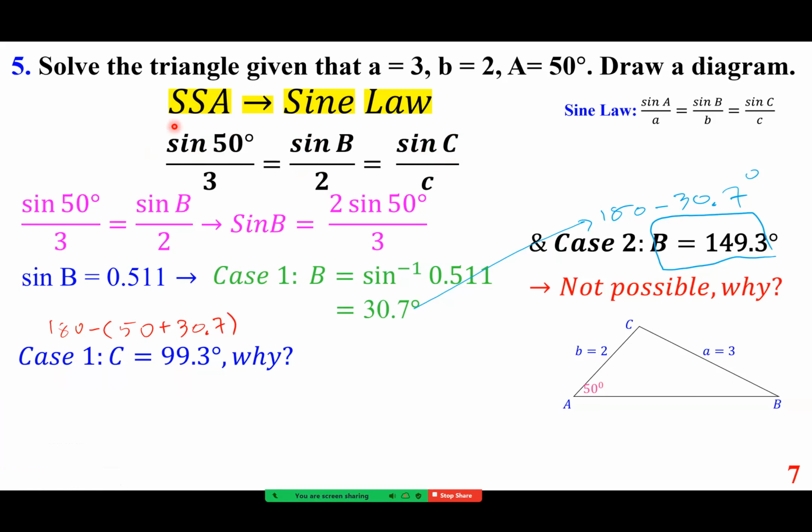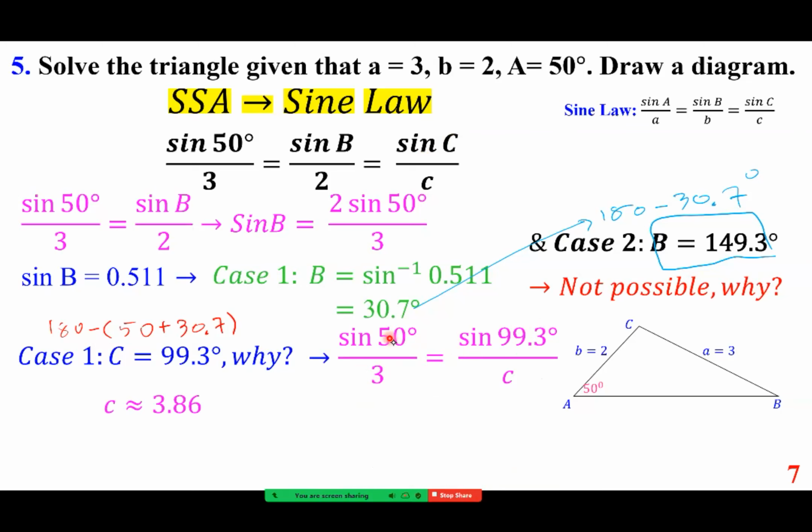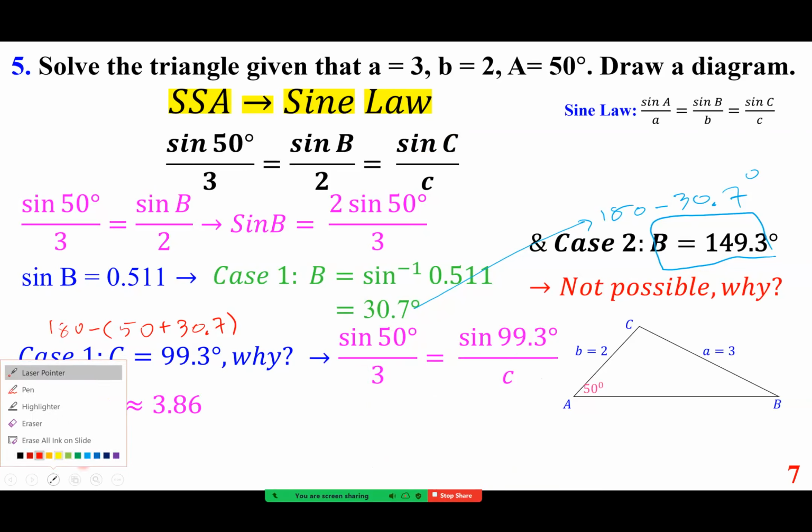Again, I like to use the given, what we have. Sine of 50 over 3 is sine of C, which we found to be 99.3, over lowercase c. And so lowercase c is the product of these two numbers divided by sine of 50. So let me just quickly show you this step.